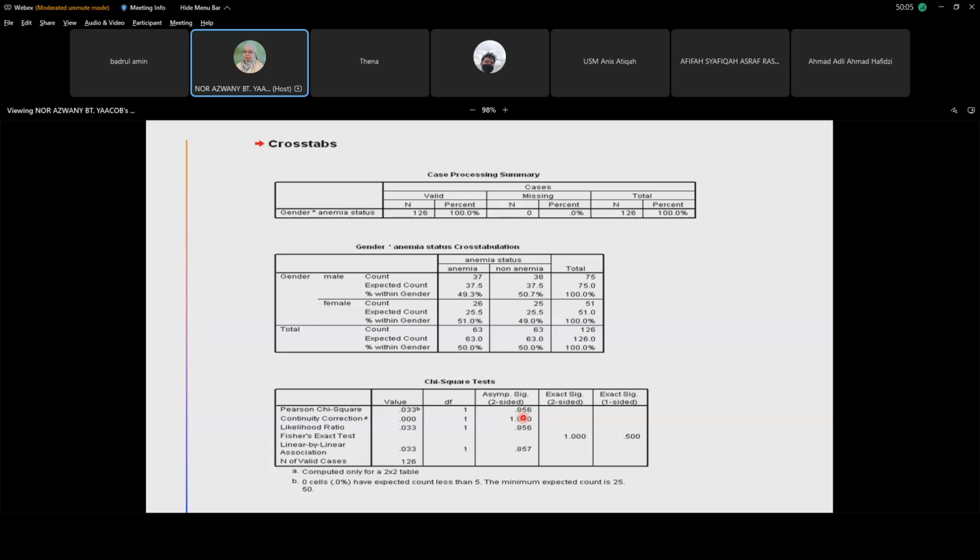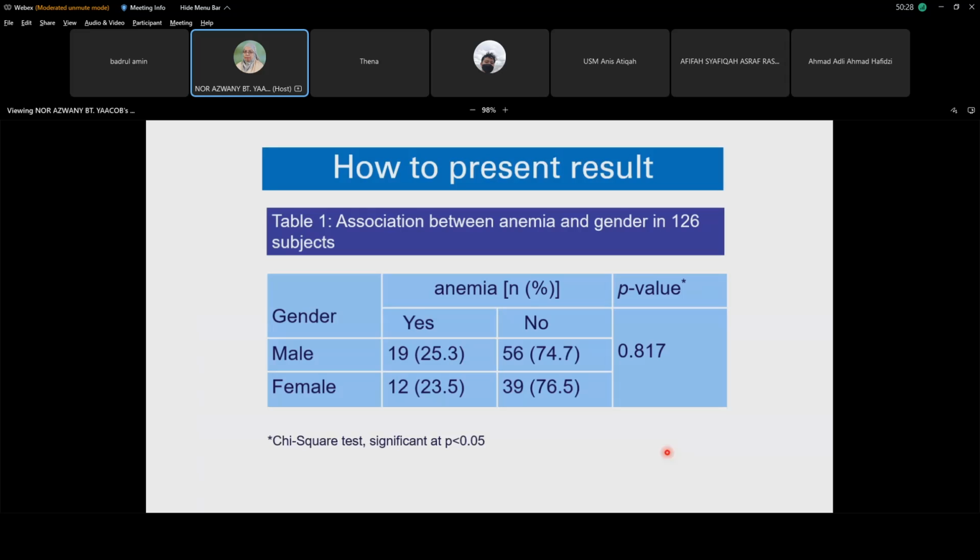So the p-value is 0.856, which is bigger than 0.05, means that it is not significant to reject the null hypothesis. So null hypothesis is accepted.